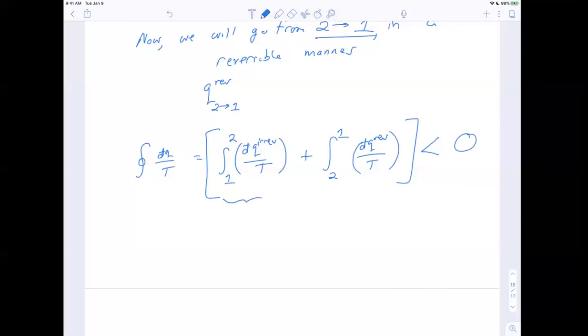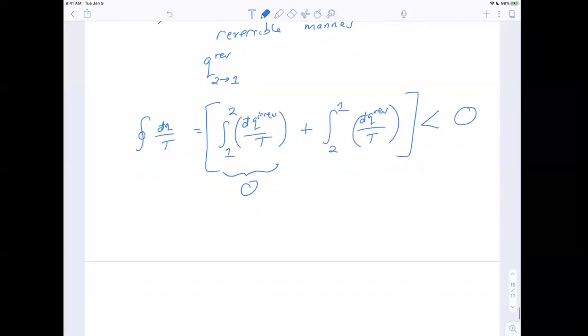Does anyone not see that? Okay, great. Because the system was isolated for that first stage, there was no heat interaction, so that has to be 0. But this guy is not 0. So we're left with this term.